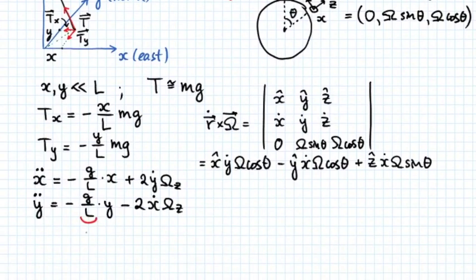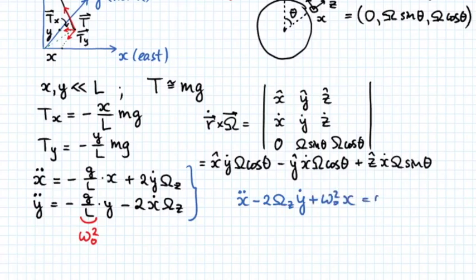If we use the notation that g over L is equal to omega naught squared, just the oscillations of a pendulum in inertial frame, then we can rewrite these two equations as x double dot minus 2 omega z y dot plus omega naught squared x equals 0, and then y double dot plus 2 omega z x dot plus omega naught squared y equals 0.